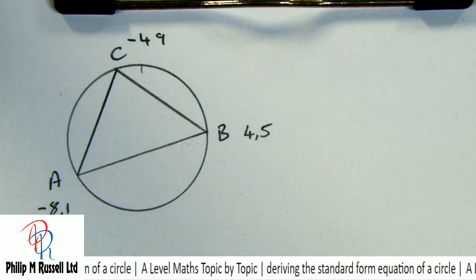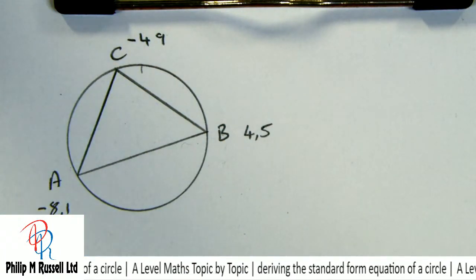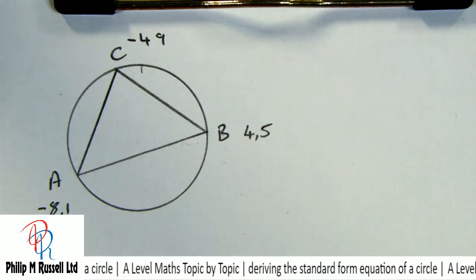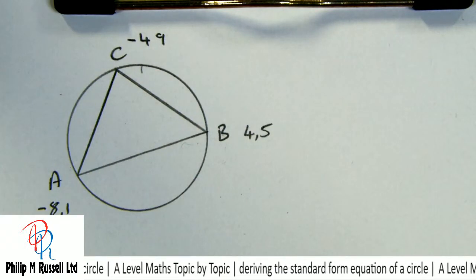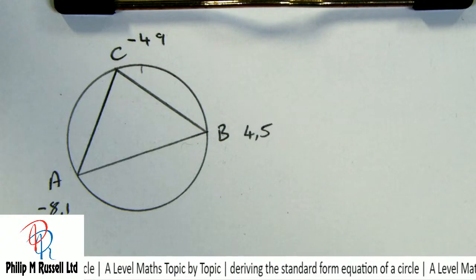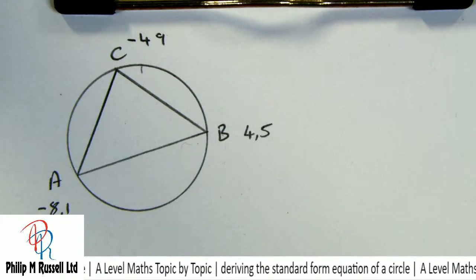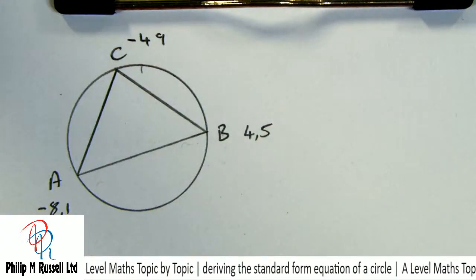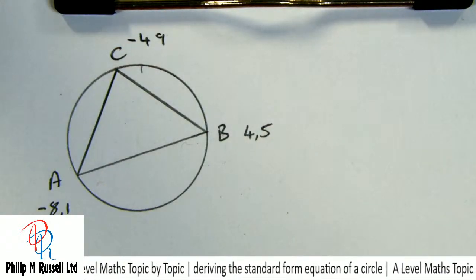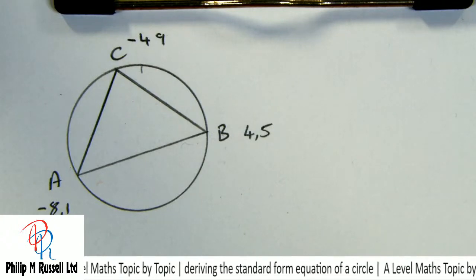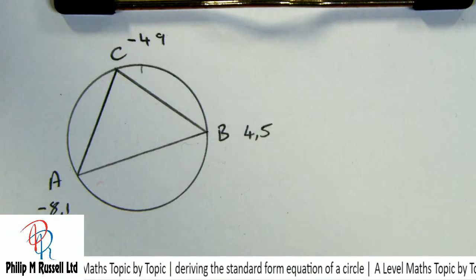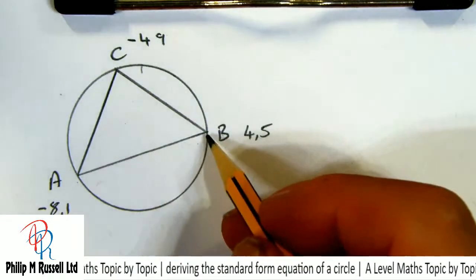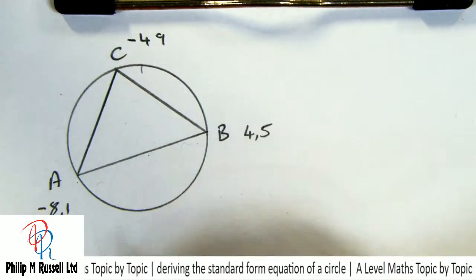So we've got these. This is a circumcircle. We know we've got a triangle. We know these points are going to fit on the circle. Each of these points are going to have a circle to go around it, and we're going to try and show that this is going to be the diameter.